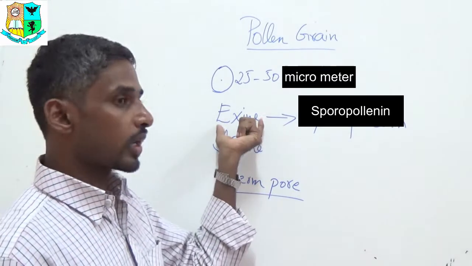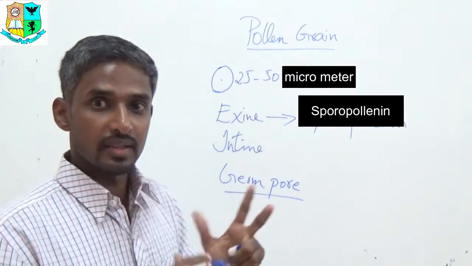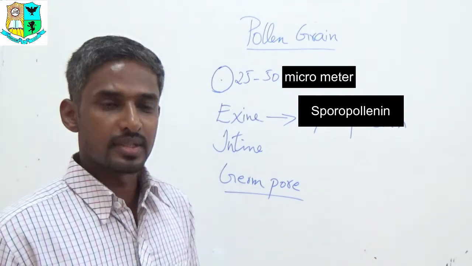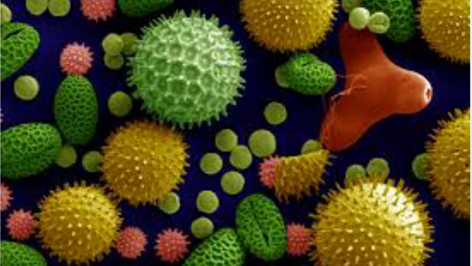Now when you look at this exine under the microscope, you can see varied structures. It can be spiny shape, star shape, or zigzag. That means different species of pollen grain will have different structure of exine.